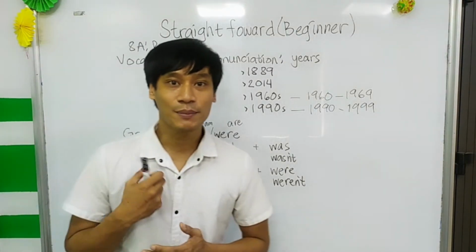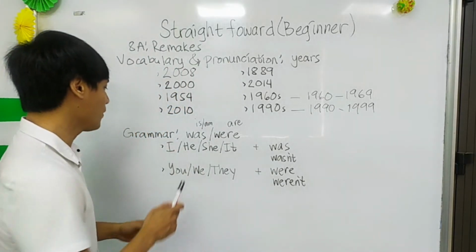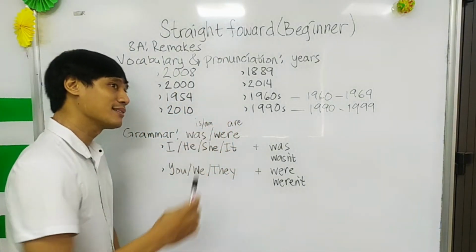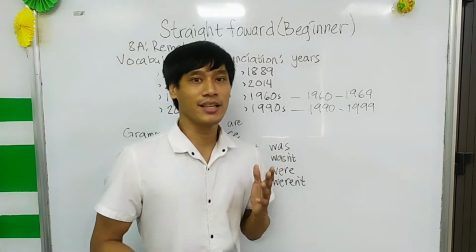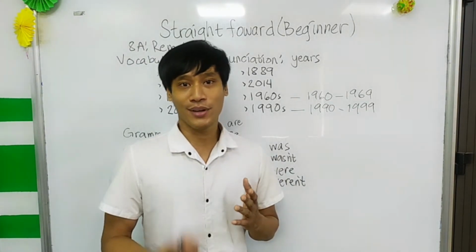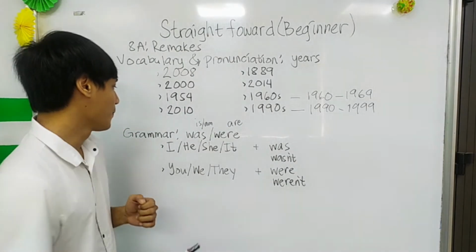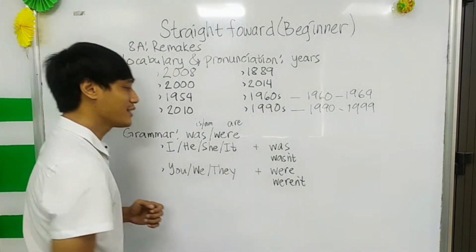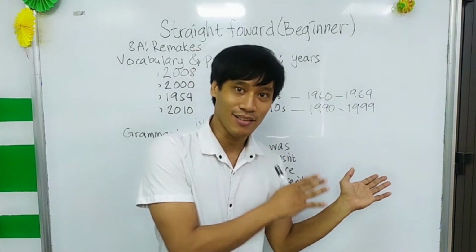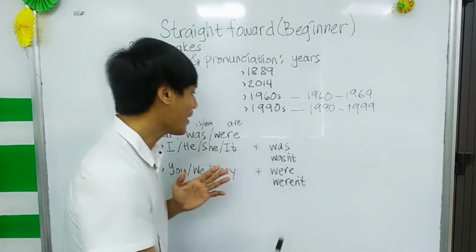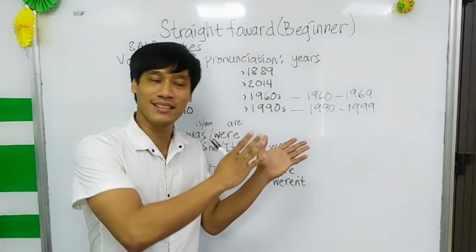Now let's try to make some sentences. For example, I was born in 1983. He wasn't in the meeting yesterday. Just remember it is in the past.